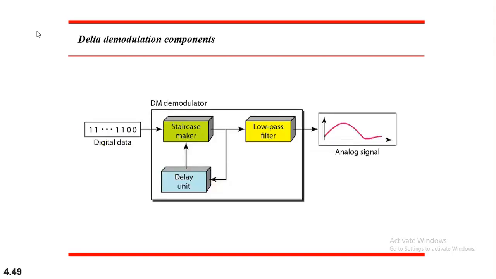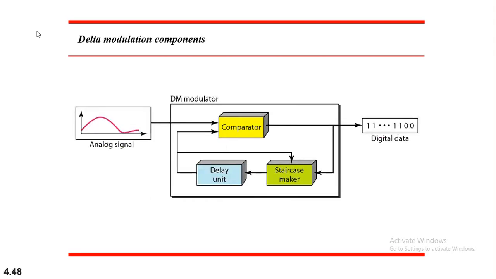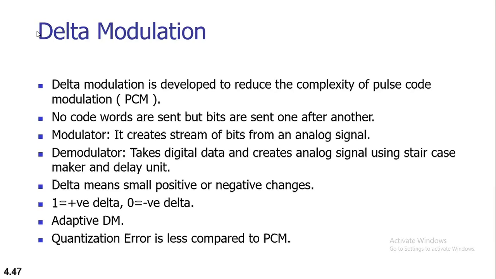Then one more thing that we can discuss in delta modulation is that whenever the modulator creates a staircase signal and compares it with an existing staircase signal, sometimes there is a chance of error, because there is no dynamicity in the existing staircase signal.